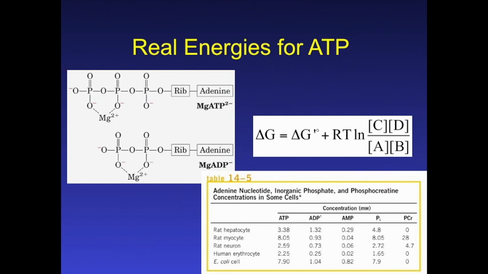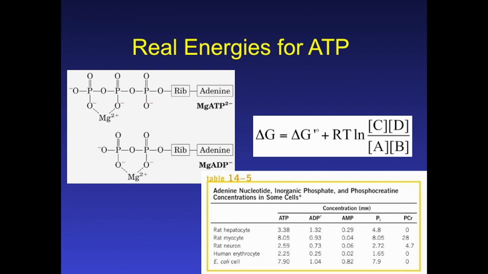Okay. Now here's the problem. Remember that concentration standard for biochemistry. It had pH, it had temperature, it had water, it also had magnesium in it, right? Look at what magnesium is doing to ATP. What does the magnesium coordinate to?